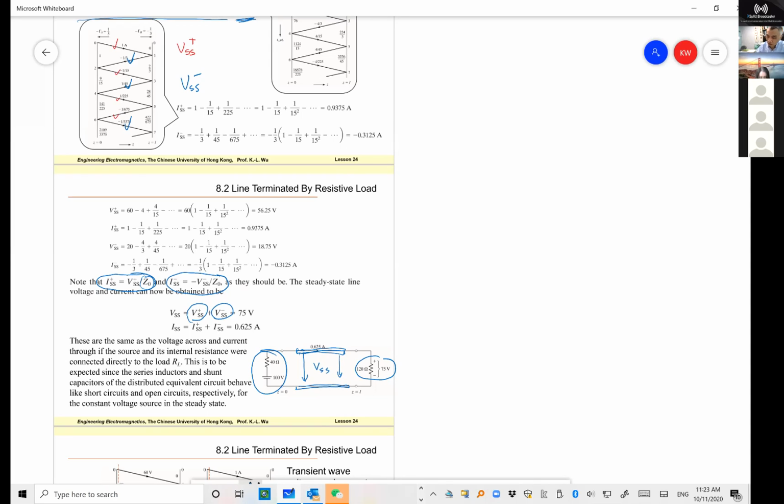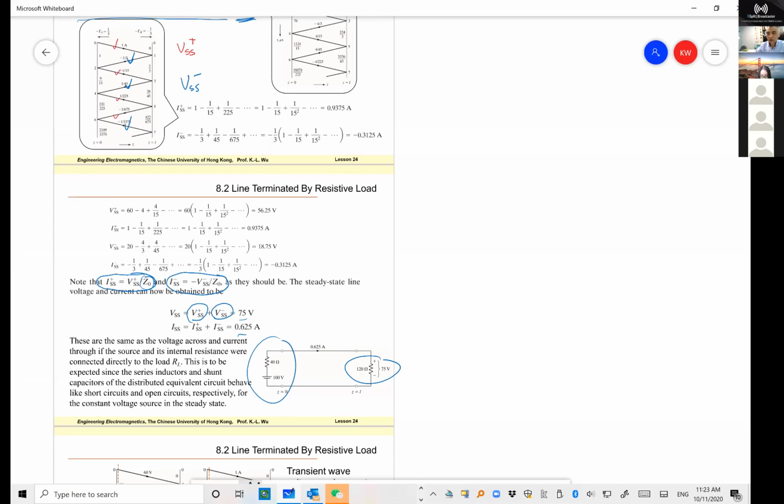But now I remove it, which means this becomes an ordinary electrical circuit. So for steady state, the stabilized total voltage is exactly equal to connecting the load directly to the source.